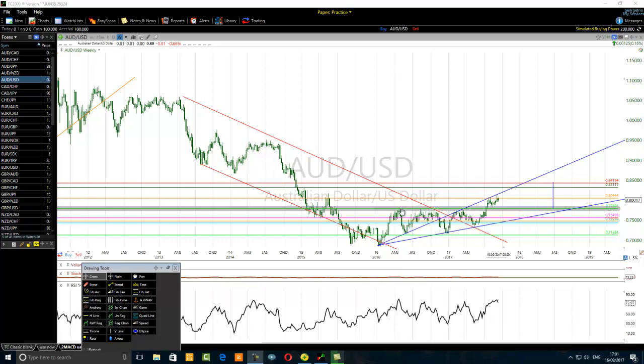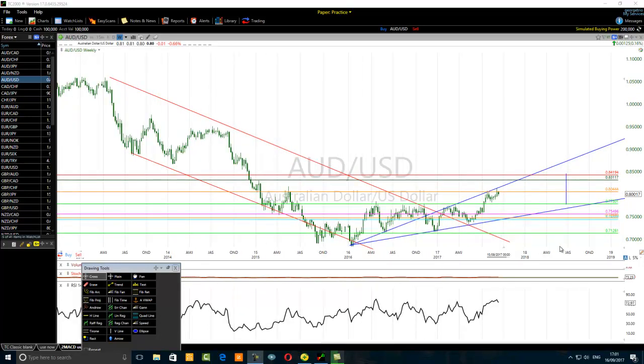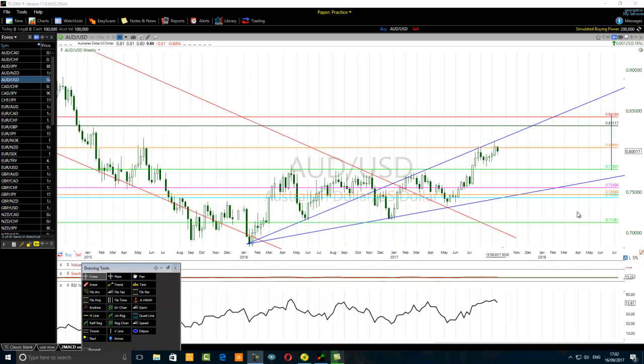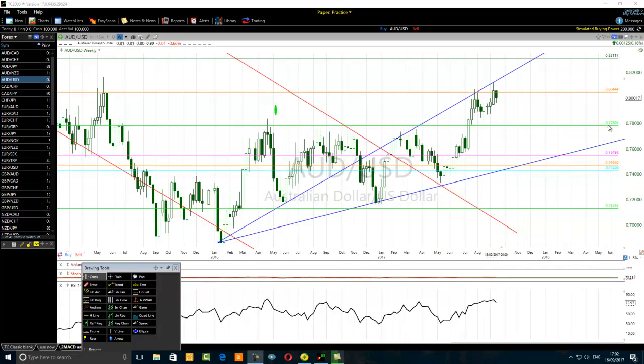The Australian US dollar currency pair was consolidating between the level of 0.71261 and the level of 0.7780, that's the green line here.